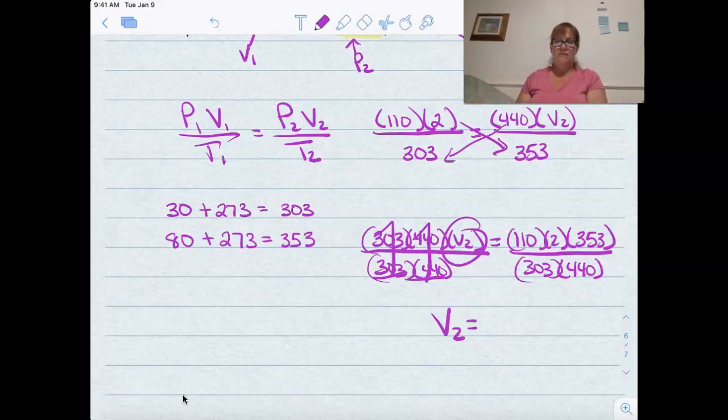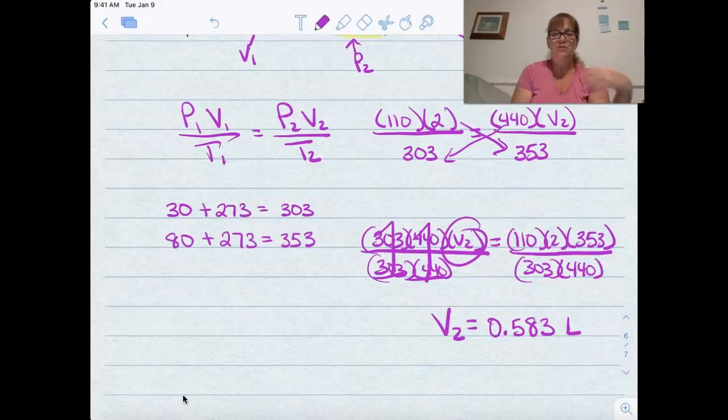And you get that your volume goes down to 0.583 liters. It went from 2-liter volume to a little over half of a liter volume. Big change in your volume. And this is how pressure and temperature and volume all get intertwined and affect one another. And the combined gas law is the powerful way we get to calculate that.